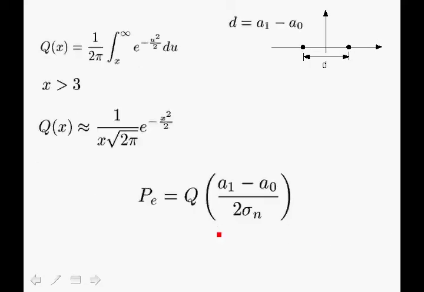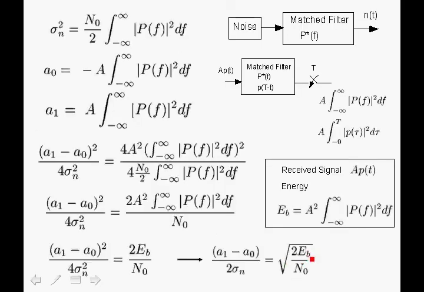So if we go back to the expression for the probability of error, then we can express the probability of error in terms of Eb over n0, the square root of 2Eb over n0.